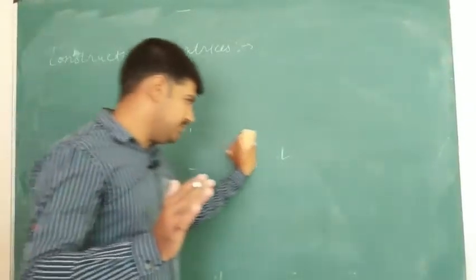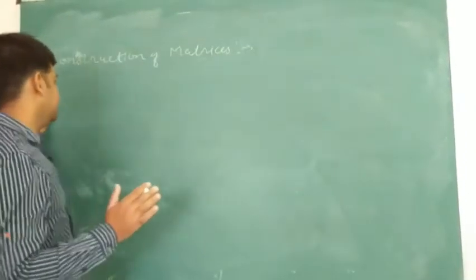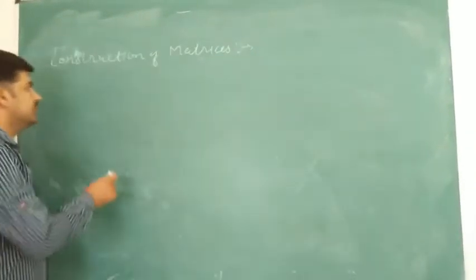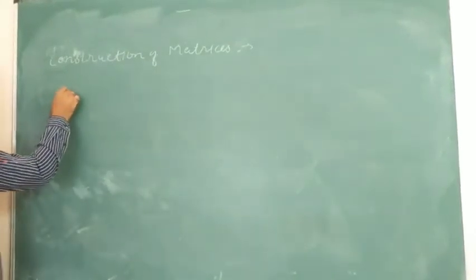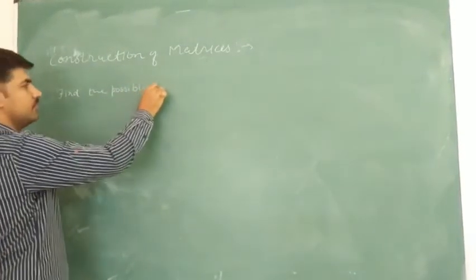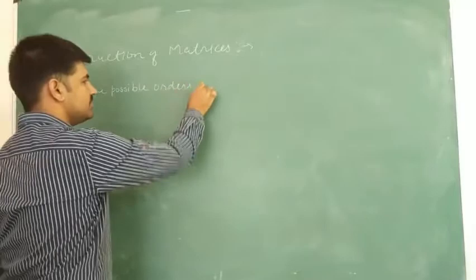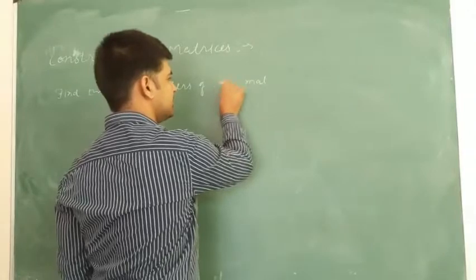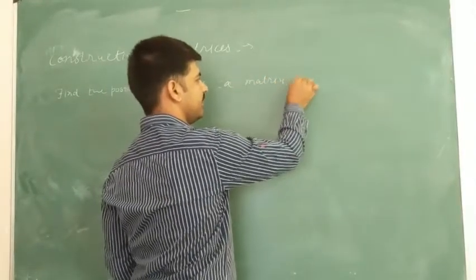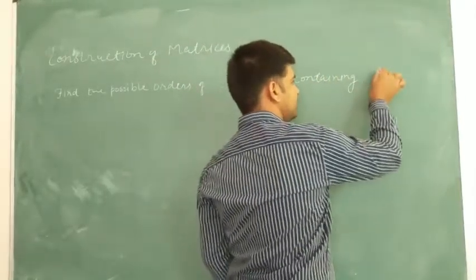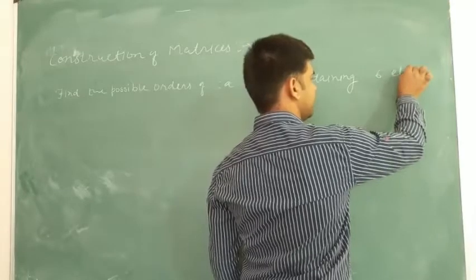The type of question is, find the possible orders of a matrix containing 6 elements. Simple question I am taking.